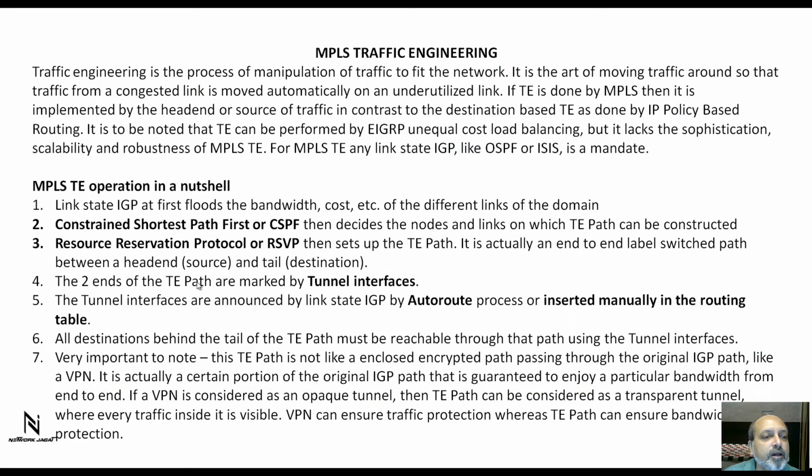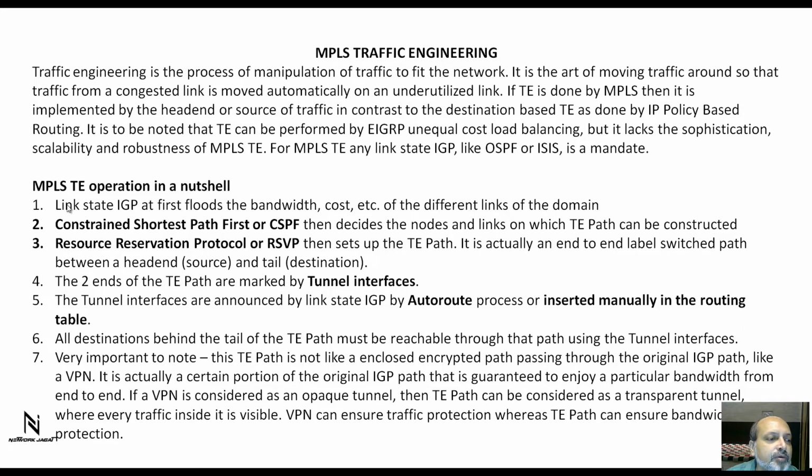Now MPLS TE operation in a nutshell. First, I will read out all these 7 points. Then I will explain the important areas, and already I have highlighted them in bold fonts.